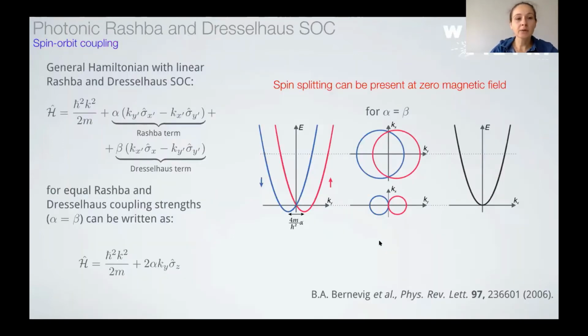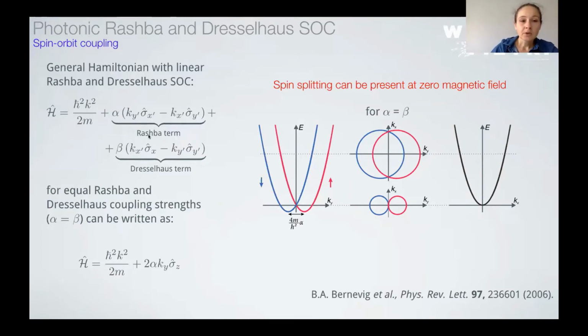But I would like to draw your attention to another effect, which is the Rashba and Dresselhaus spin-orbit coupling, which was first discussed in the context of semiconductors for systems that lack an inversion symmetry center.